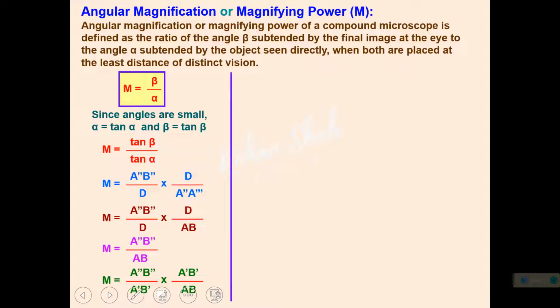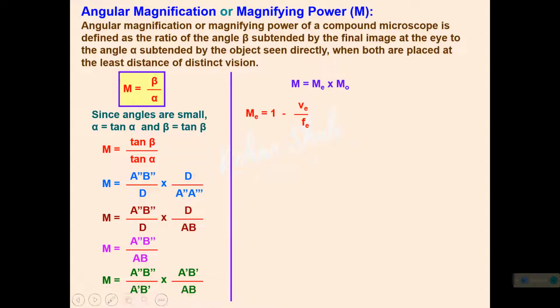Yes, so we can now multiply and divide by A dash B dash. So first physical quantity is nothing but the magnification due to eyepiece. Second physical quantity is nothing but magnification due to objective. So in case of compound microscope, the total magnification is multiplication of magnification due to eyepiece and magnification due to objective, that is ME times MO. MEMO, you can remember like this.